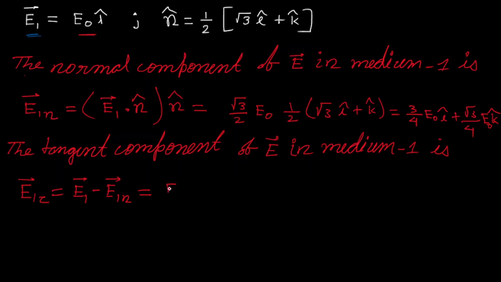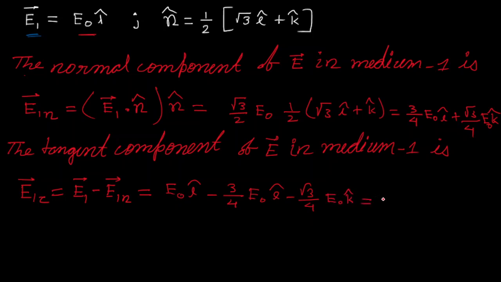You can write here E naught i cap, and then you have to subtract this normal component of E1 vector, that is 3 by 4 E naught i cap minus root 3 by 4 E naught k cap.